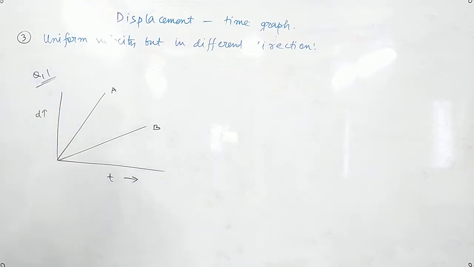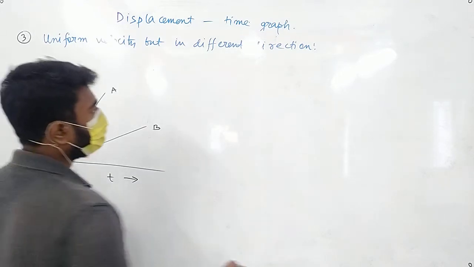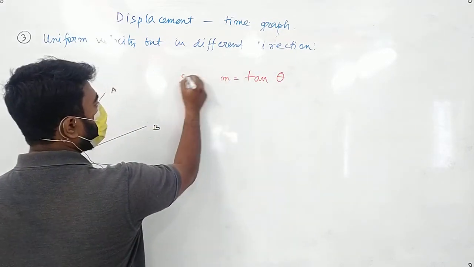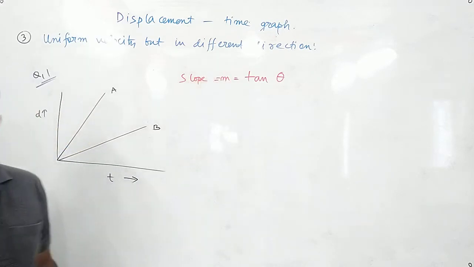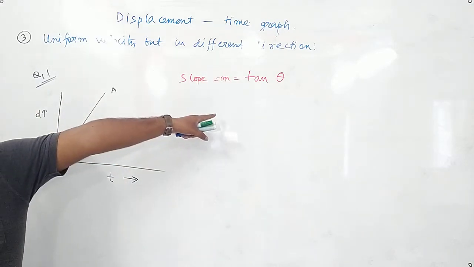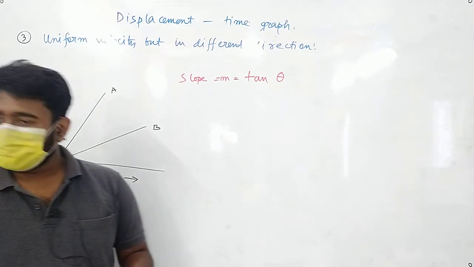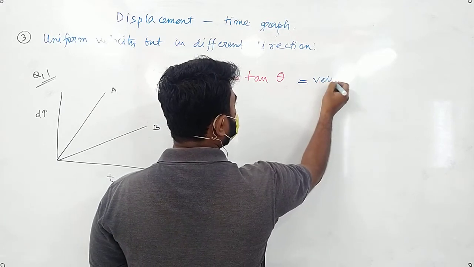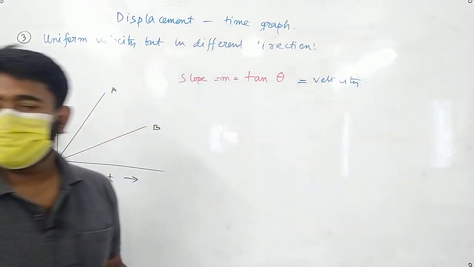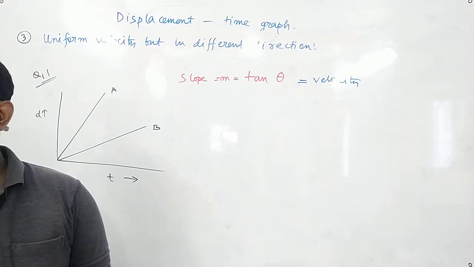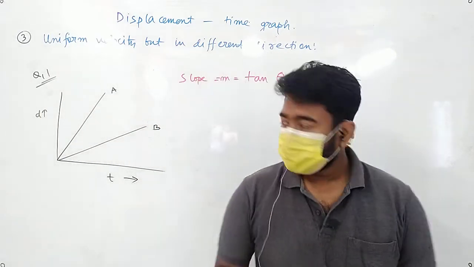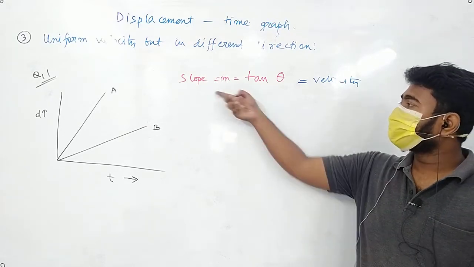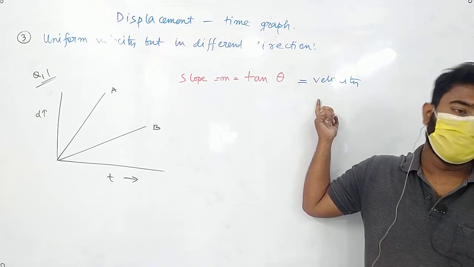Now, see, we told that tan of theta is known as slope. Did we tell it? All of you louder. Did we tell it? Yes. If slope is equal to tan theta, and if the slope of the displacement time graph gives us velocity, then if the slope is more, the velocity will be more.